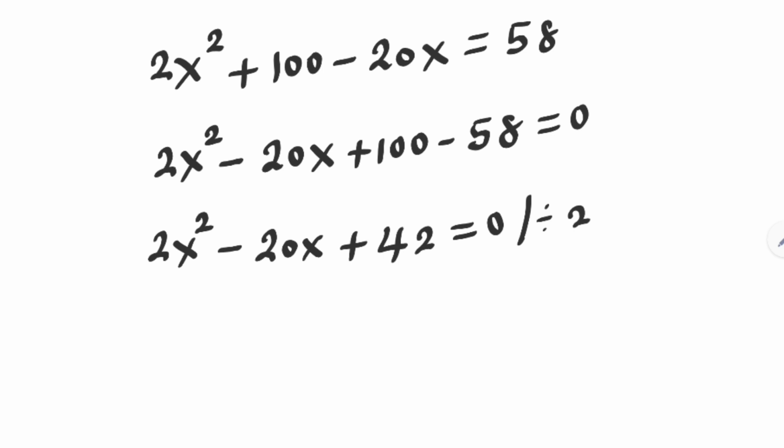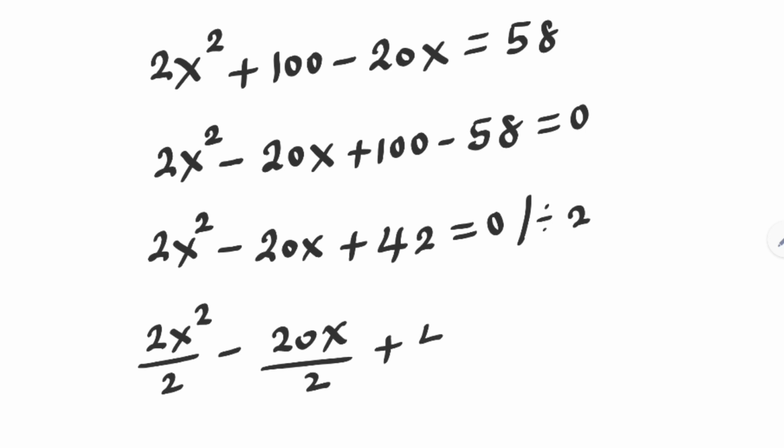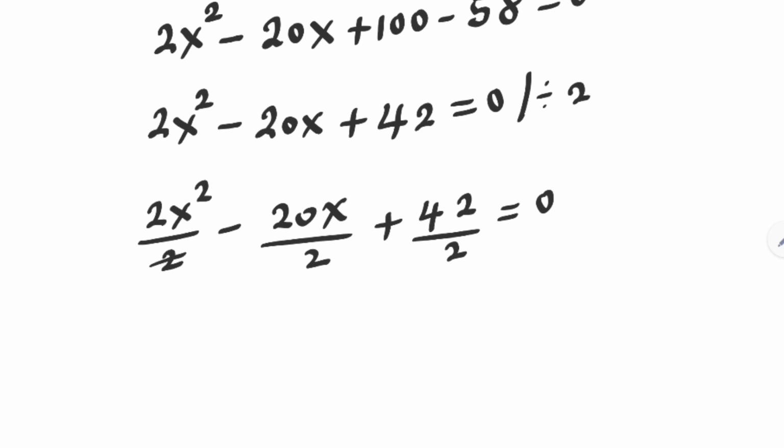We have 2x square divided by 2 minus 20x divided by 2 plus 42 divided by 2 is equal to 0. These two cancel these two. 2 here 1, 2 here 10, 2 here 1, 2 here 21.